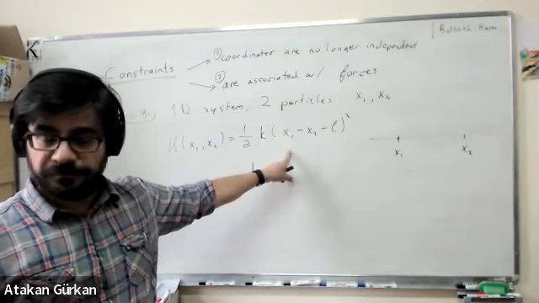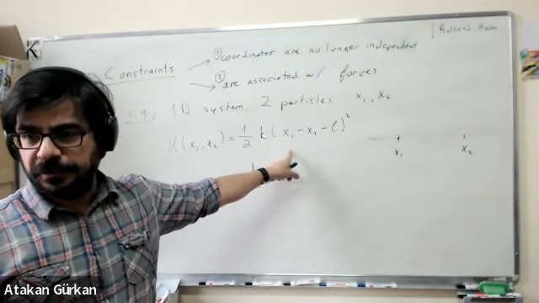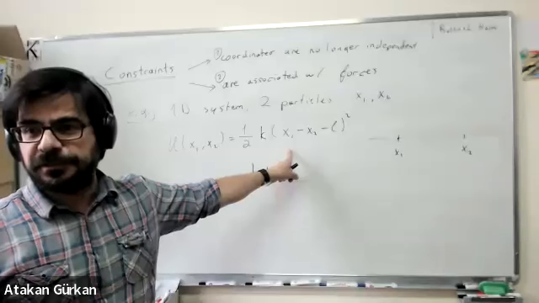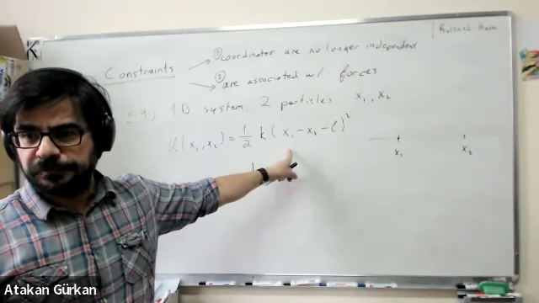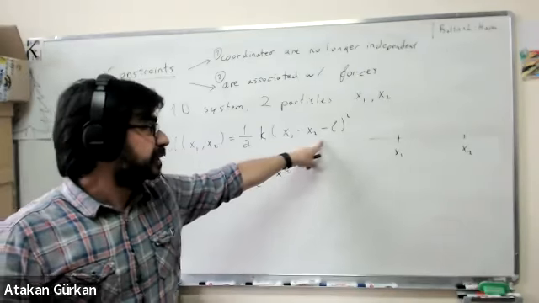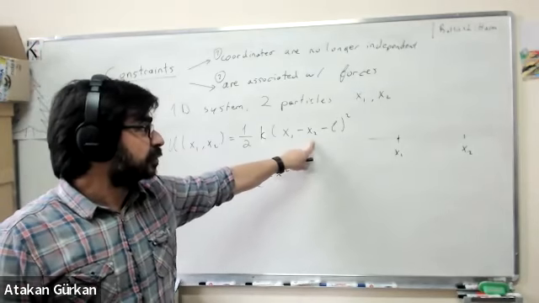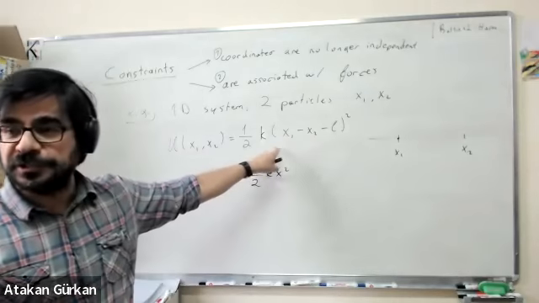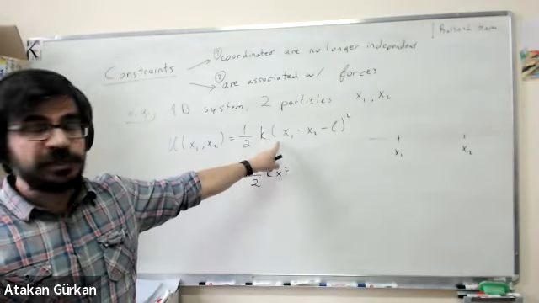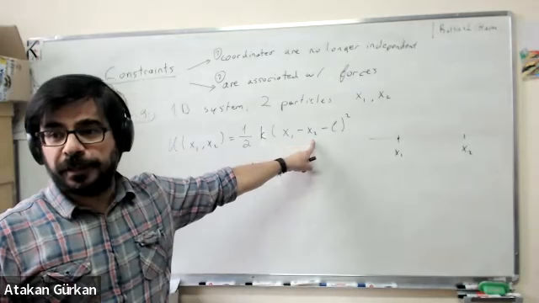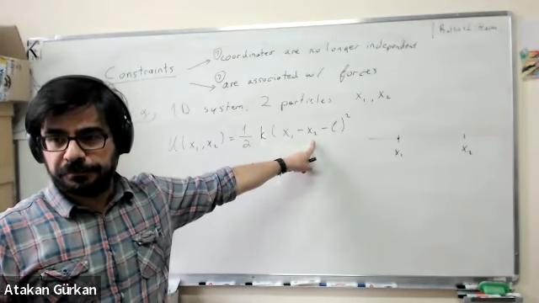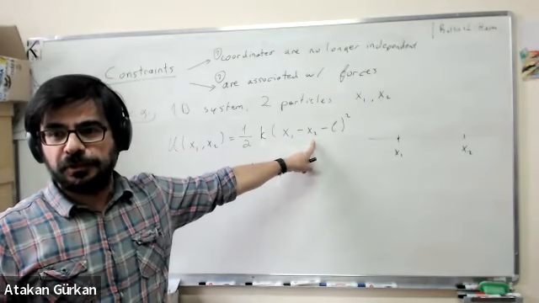This is the same thing, except the center of mass motion doesn't matter. It's the relative distance, x1 minus x2, that matters. So when that x1 minus x2 is equal to L, your potential energy is 0. When your x1 minus x2 is different from L, whether it's smaller or larger, your potential energy is going to go up.